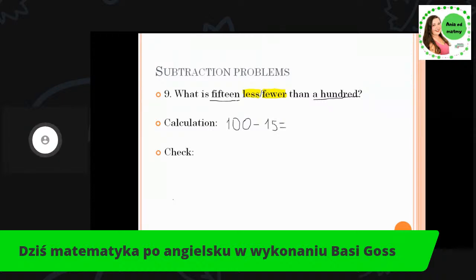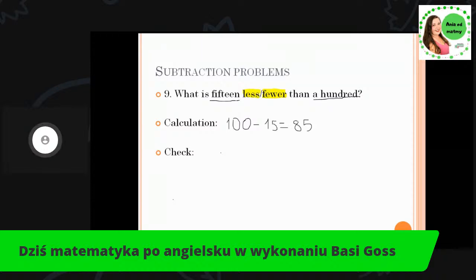And the answer is, we've got a new person, Kasia. Yes, Kasia, you corrected your answer. Very good, well done. And then we've got Sylvia and Cornelia. Answer 85. And we go back to check. Remember, the reverse operation to subtraction is addition.